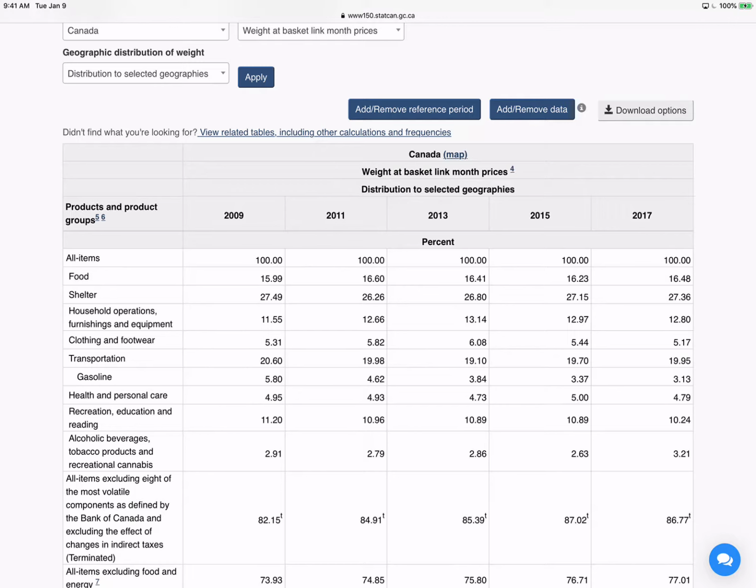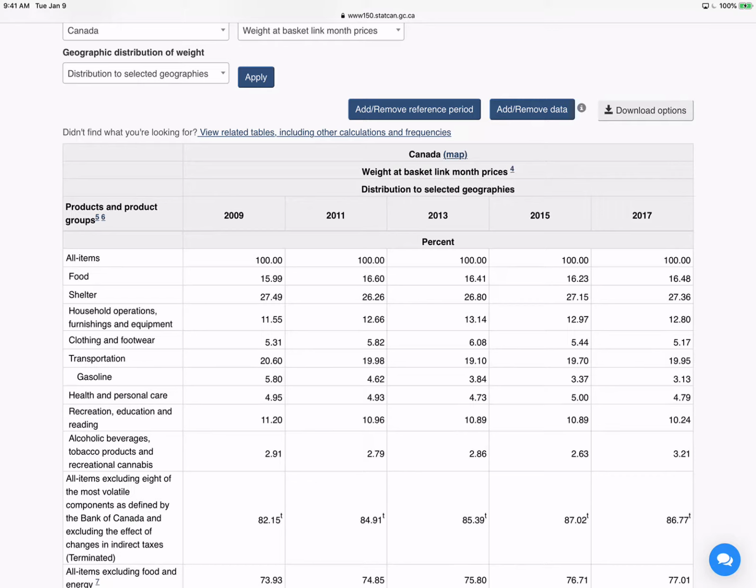So based on how we divvy up our income, this is used to help create that basket of goods the typical household buys, and then we can look at what happens to the prices of those items. So what's happening to the price of food? What's happening to the price of gas? Alcoholic beverages, healthcare, that all goes into what the typical household buys, and so we can measure inflation based on household spending.